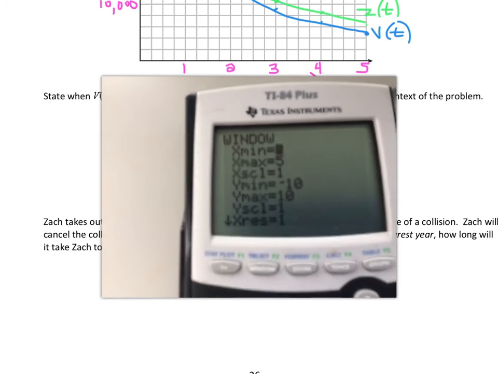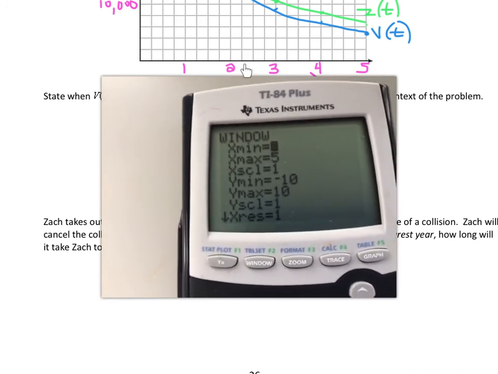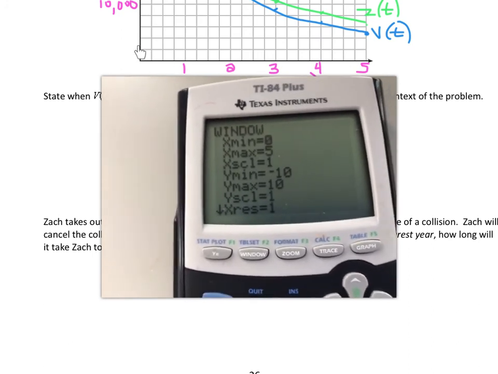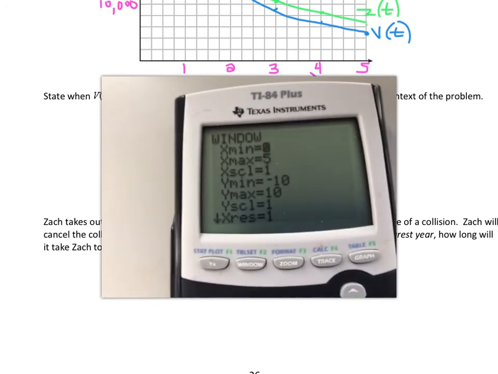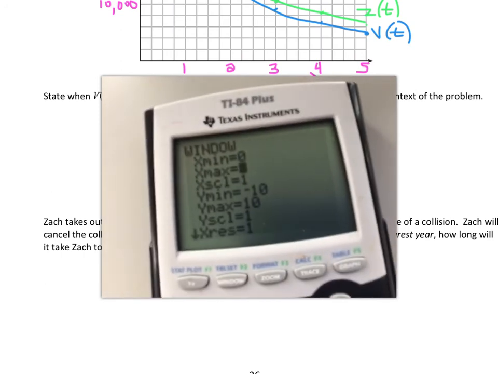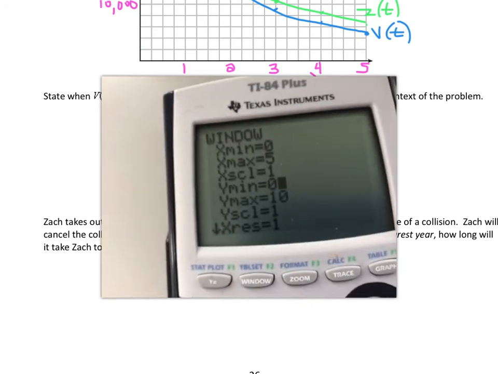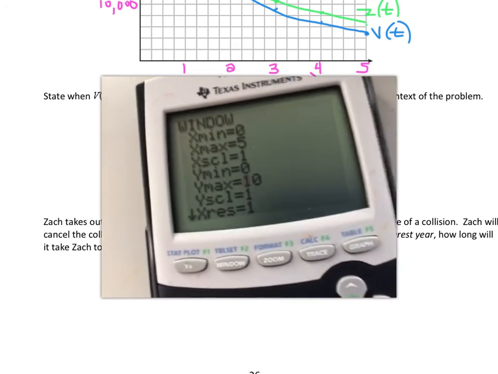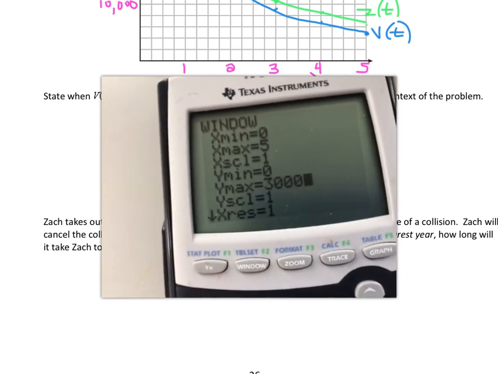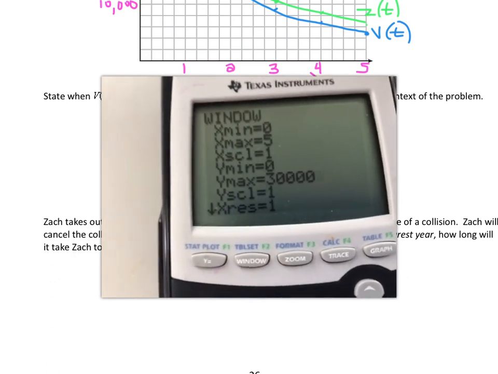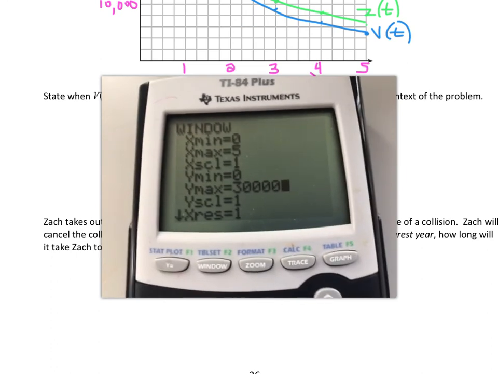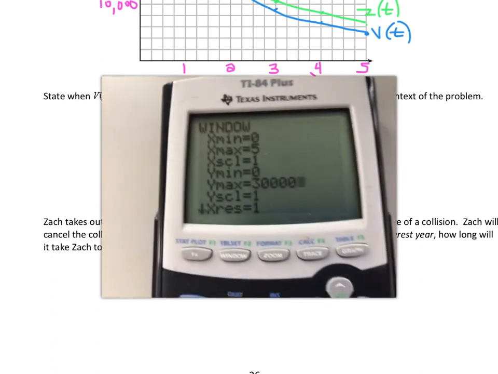You can see that right here on the screen from 0 to 5. Now, the y-axis, I'm not going to scroll up, but do you remember we went up to 30,000? So I'm going to make my y-min 0, okay, because we don't use any negatives. And I'm going to make my y-max 30,000. Okay, so there we go. Now that window matches the window on my paper. So I'm going to hit graph.